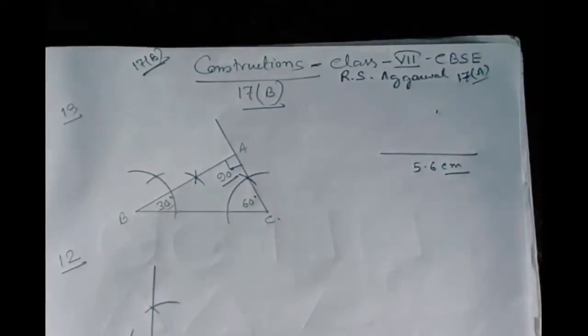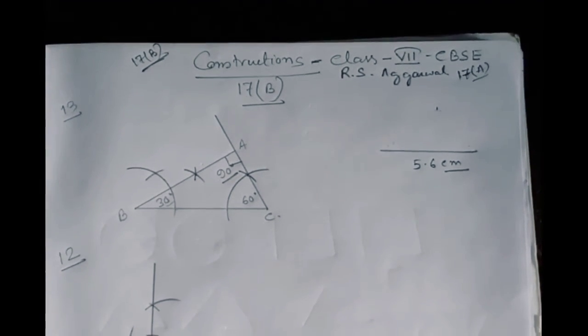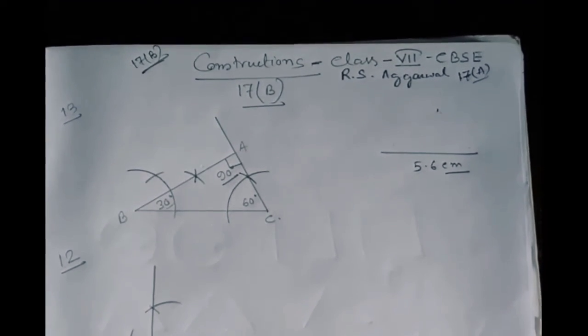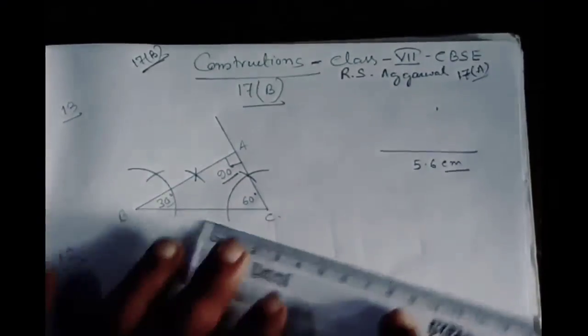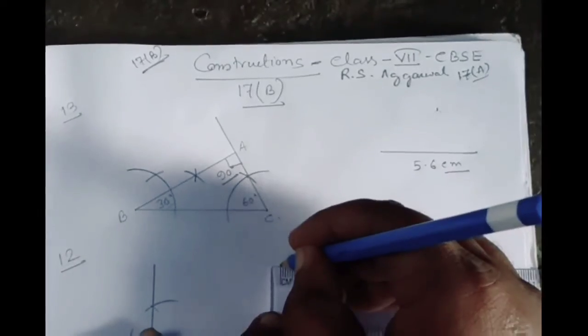This is the right angle. Next, we have to take a measure of 6 centimeter. So for that we are taking one measure 6 centimeter.